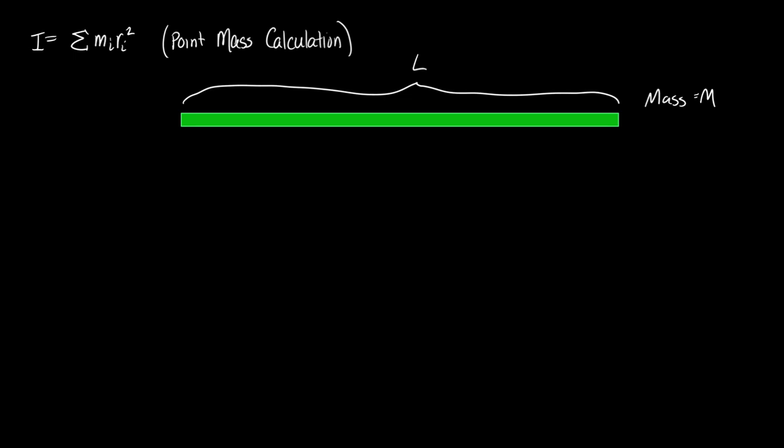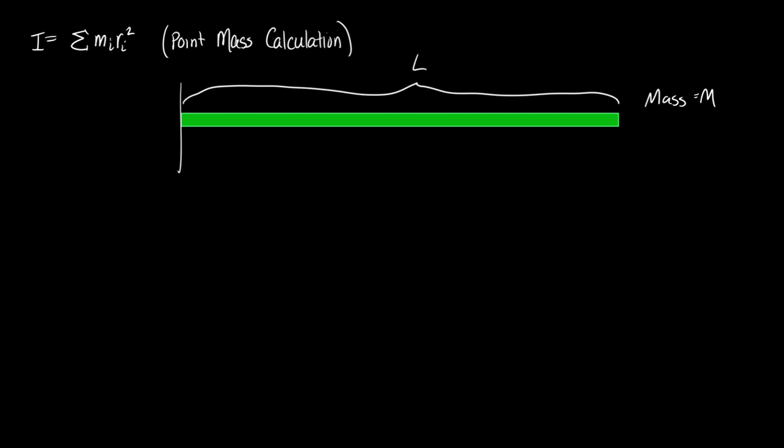So let's say this might represent a baseball bat and you're going to rotate it about its end. We could try and find the moment of inertia of this rigid rod about one end. Or if you're going to spin it about the middle, it's a helicopter blade, then we could try and find the moment of inertia for an axis of rotation about its center. Again, these would just be estimates, but it gives us a pretty good basis for what to expect for the object's moment of inertia.